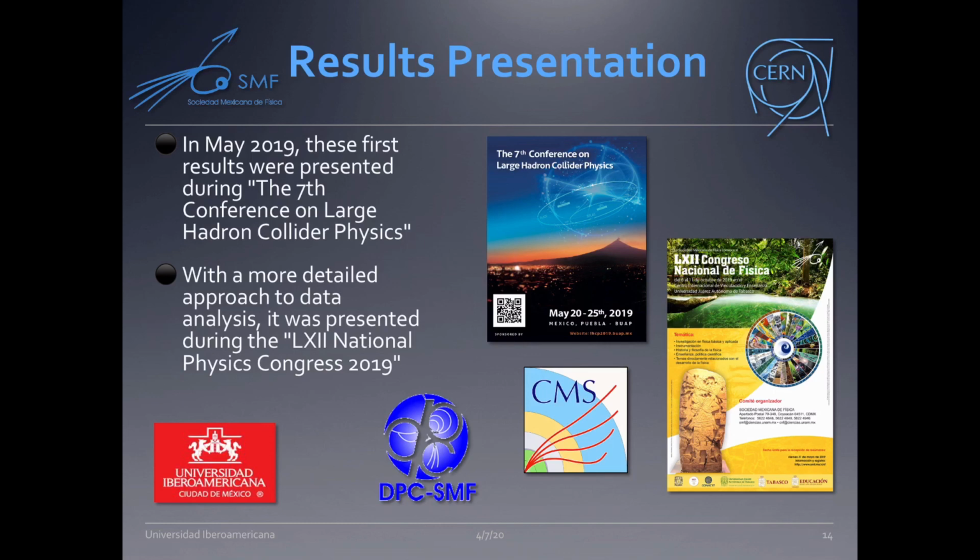These results were presented at the 7th Conference Large Hadron Collider Physics in 2019. And with a more detailed approach to data analysis during the 62nd National Physics Congress also in 2019.